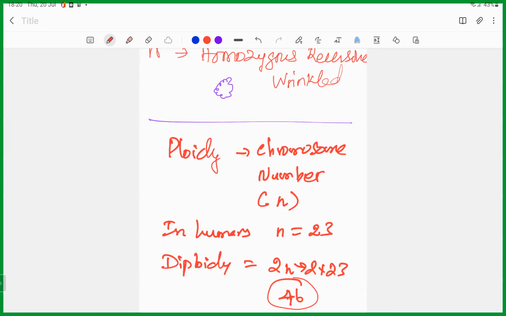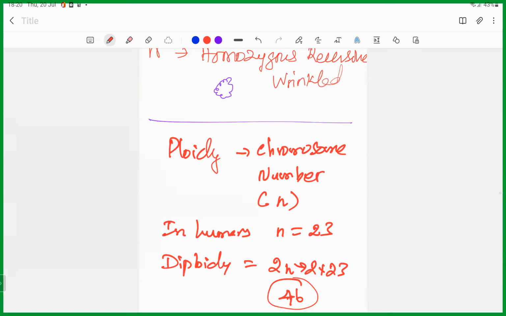So total lifespan is 7 days actually. If it is freeze dried, sperm cells can be preserved for 20 years. It depends upon how you store, but such storage is very difficult.